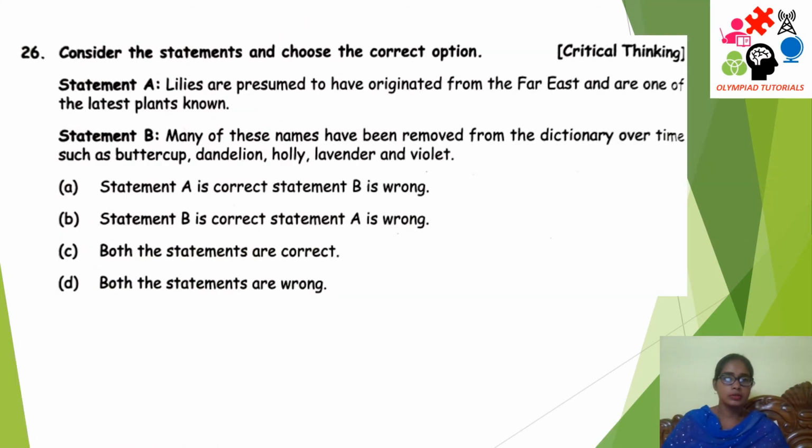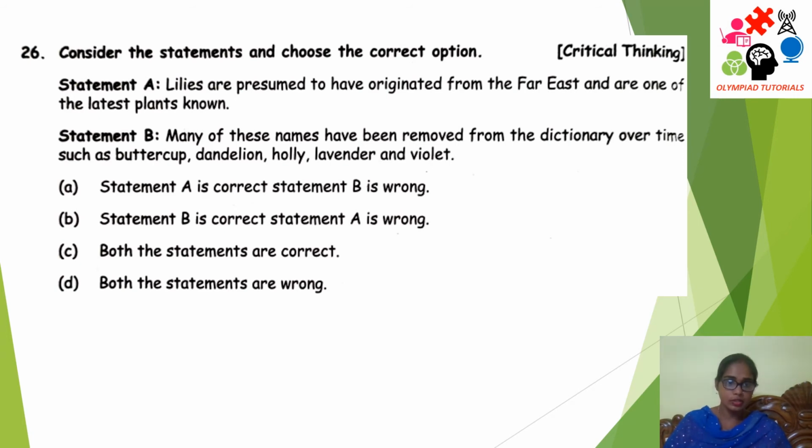So question 26, consider the statements and choose the correct option. Statement A is, lilies are presumed to have originated from the Far East and are one of the latest plants known. And statement B is, many of these names have been removed from the dictionary over time, such as buttercup, dandelion, holly, lavender, and violet.